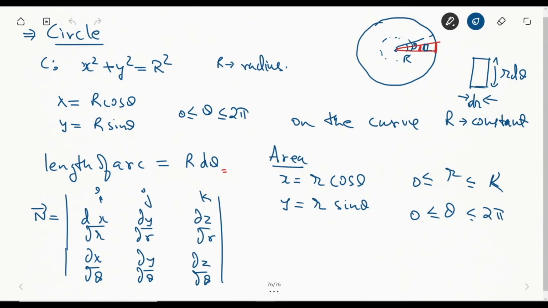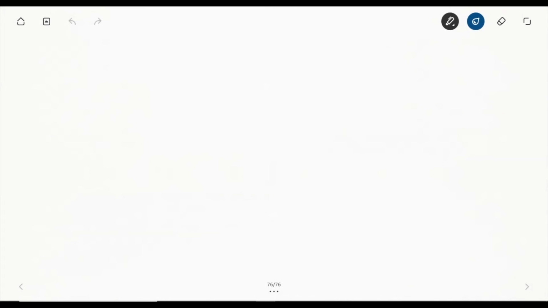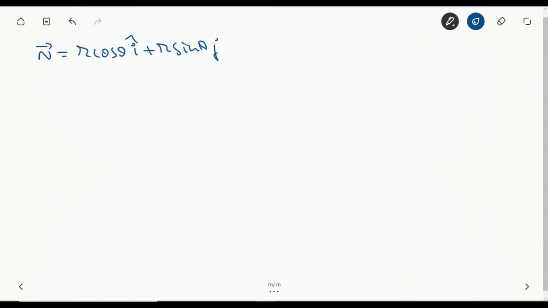Of course you can do this, and then you'll get n equal to r cos theta i plus r sin theta j. And if you have to find the magnitude, this is going to be under root of i component square plus j component square. So this is going to be simply r.